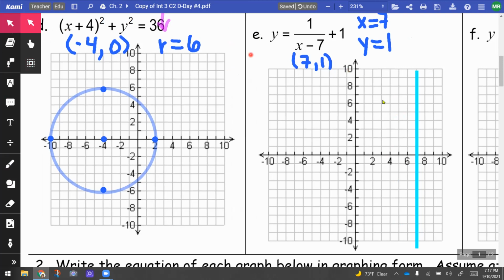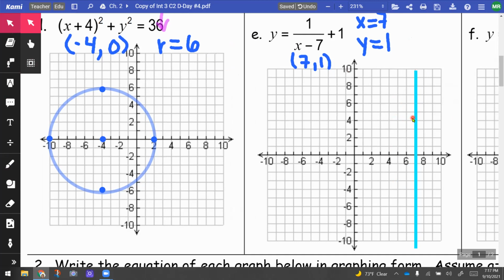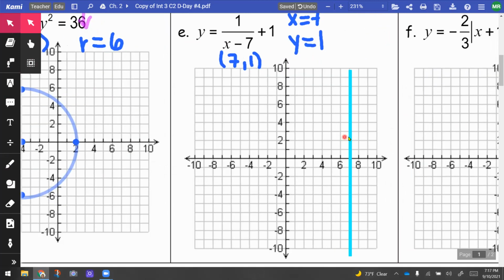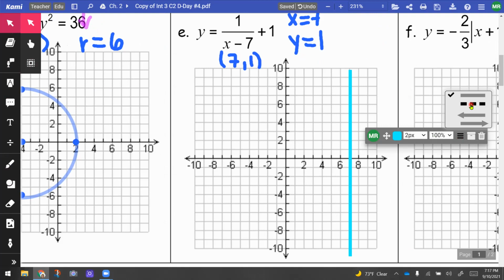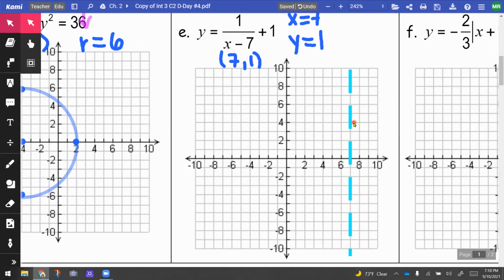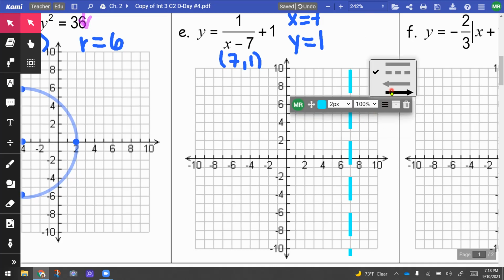Okay. And let me just move it in here so I can see this better. This is going to be a dashed one, and I can put arrows on either side if I want. And I can just do all this by hand. I'm just kind of showing you what this does.